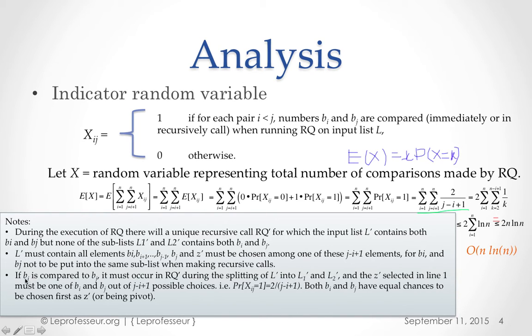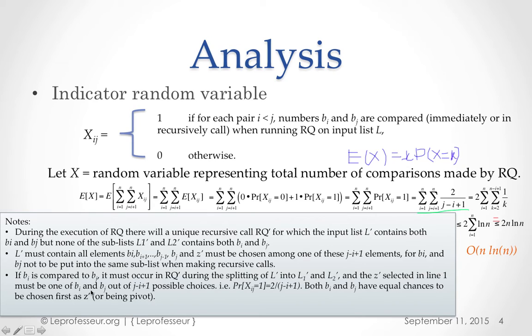In other words, if Bi is compared to Bj, it must occur in a recursive call of the algorithm when your list L-tick is split into two sublists, and j-tick, your pivot element in line 1 of the quicksort algorithm, must be one of Bi or Bj out of j minus i plus 1 possible choices.